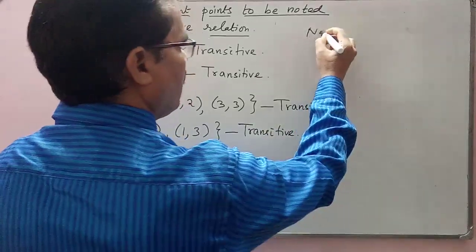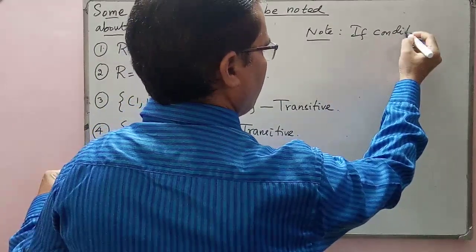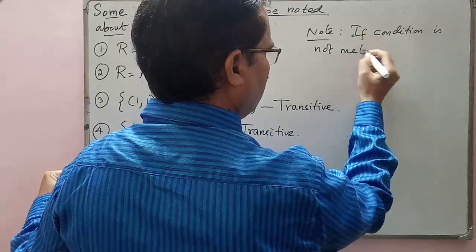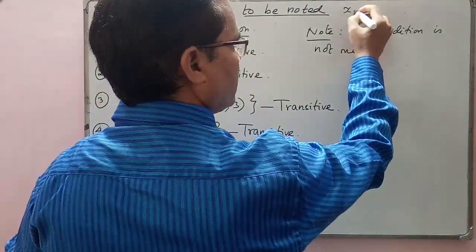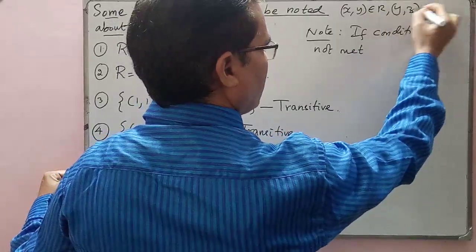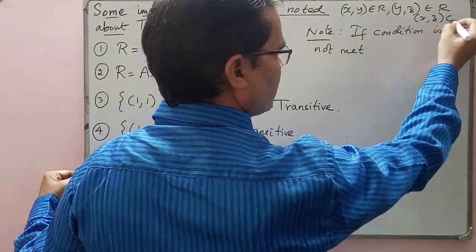So note, if the condition is not met, you know what I mean by condition. x comma y belongs to R, y comma z belongs to R, then x comma z belongs to R is a condition, right?